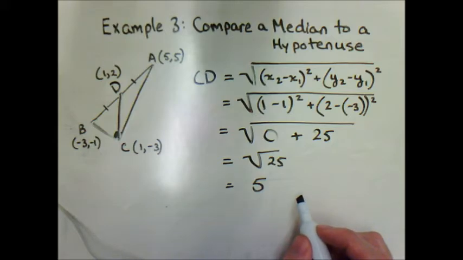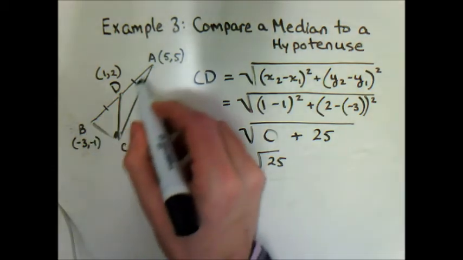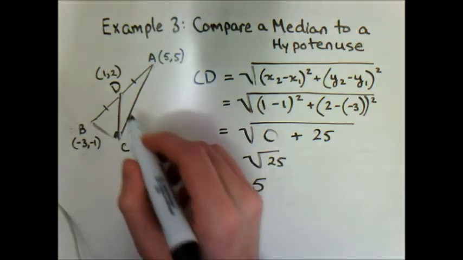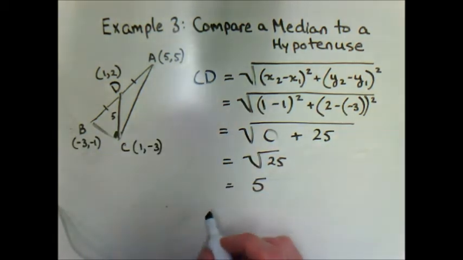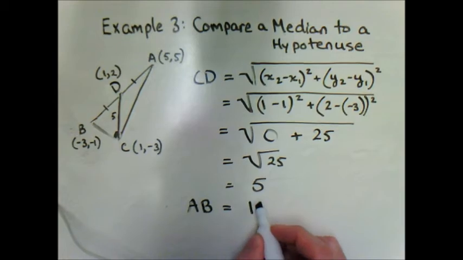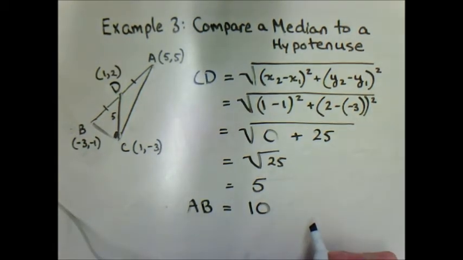As shown in example 2, substituting the coordinates A (5, 5) and B (negative 3, negative 1) into the length formula tells us that AB has a length of 10, and CD, the median, has a length of 5.